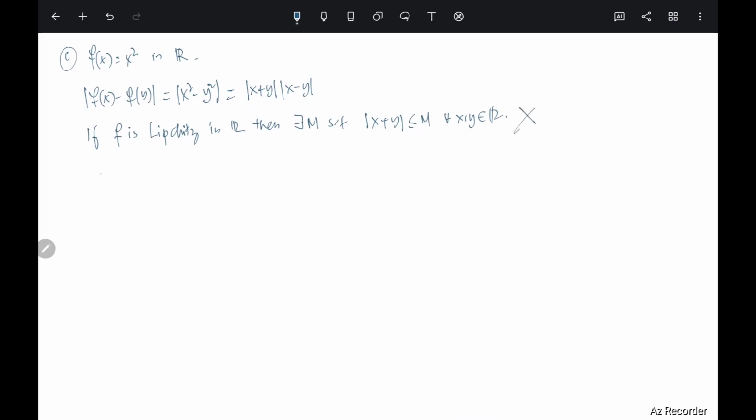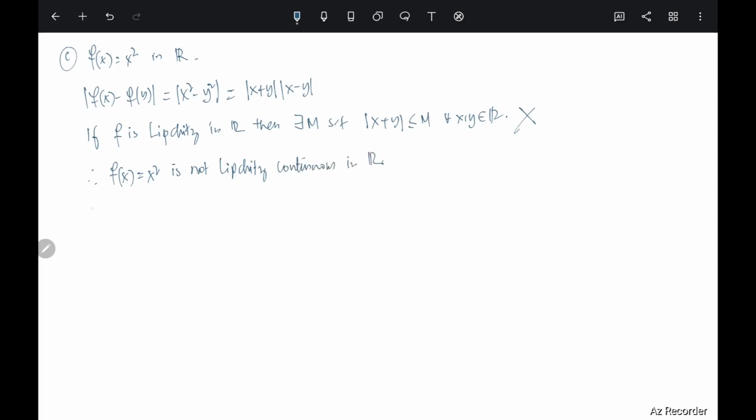Hence, f(x) = x² is not Lipschitz continuous in R.